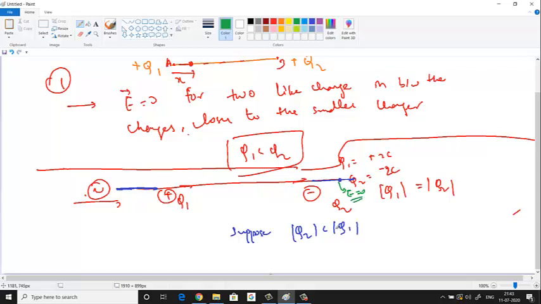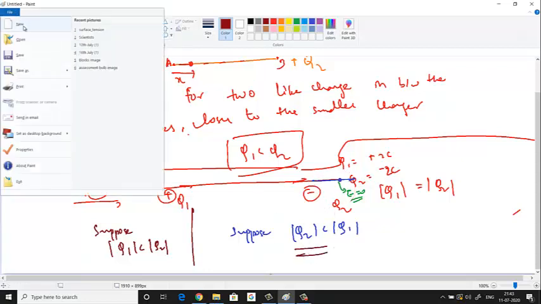Otherwise, if Q1 is less than Q2, then it will be on the left side of Q1. It will not be in between. Either it will be on the left side or on the right side, left side of the smaller charge or right side of the smaller charge, depending on the charge value.